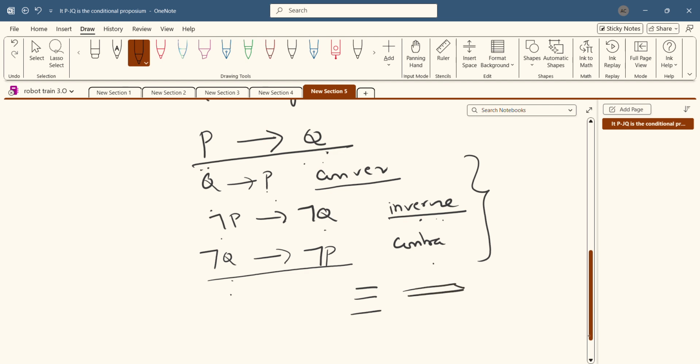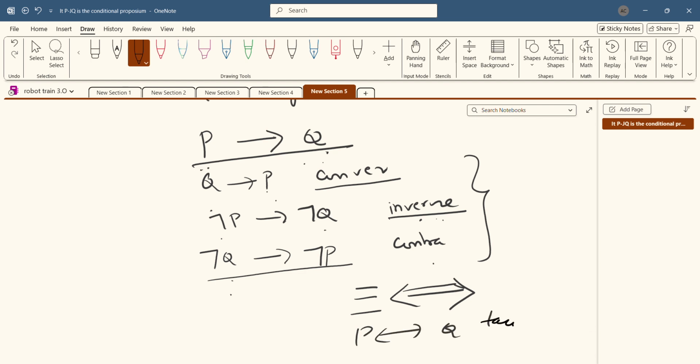The symbol for logical equivalence is three lines, or the double arrow. Logical equivalence means P biconditional Q is a tautology. Then I can define logical equivalence.